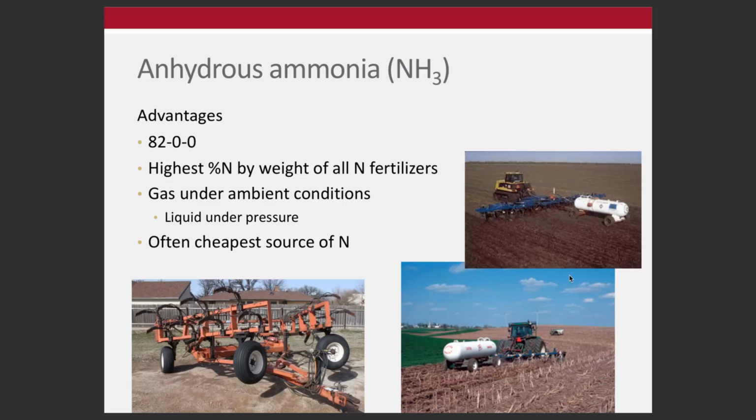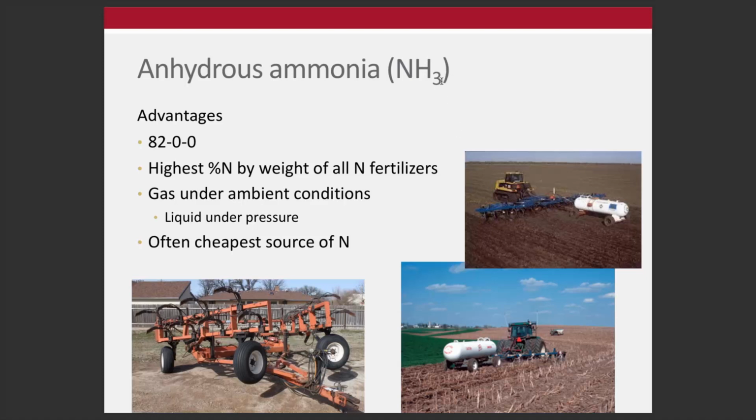Anhydrous ammonia. This is essentially anhydrous, meaning it does not have water in it. It's 82-0-0, and that's really what it is. It's the highest nitrogen concentration of all fertilizers because it's the purest form of N. The other 18% are these three hydrogens.